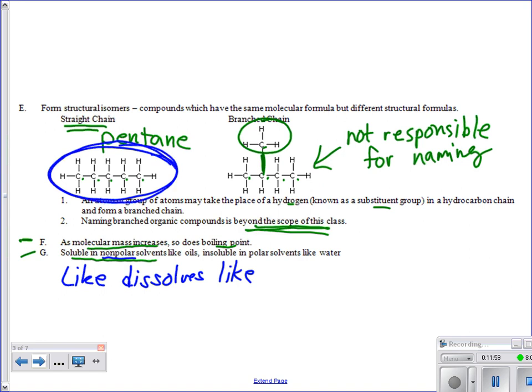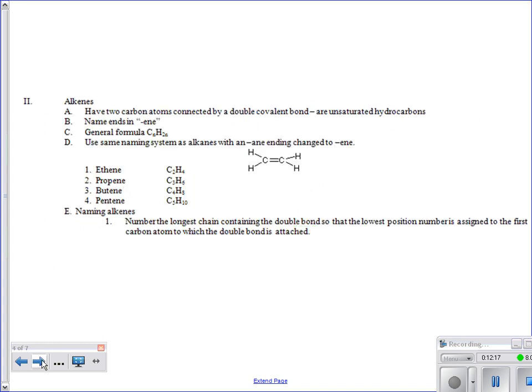So if like dissolves like, you would put it into another substance that doesn't have any positives and negatives, and it will dissolve. If you put it in something like water, well, that has some positives and negatives, so it's not going to dissolve in water because like dissolves like. All right, that's pretty much it for our alkanes.